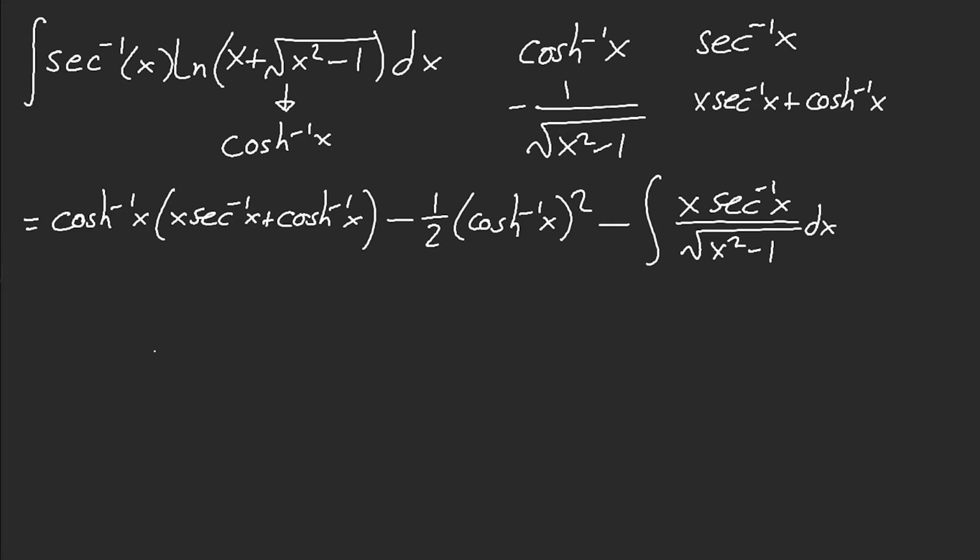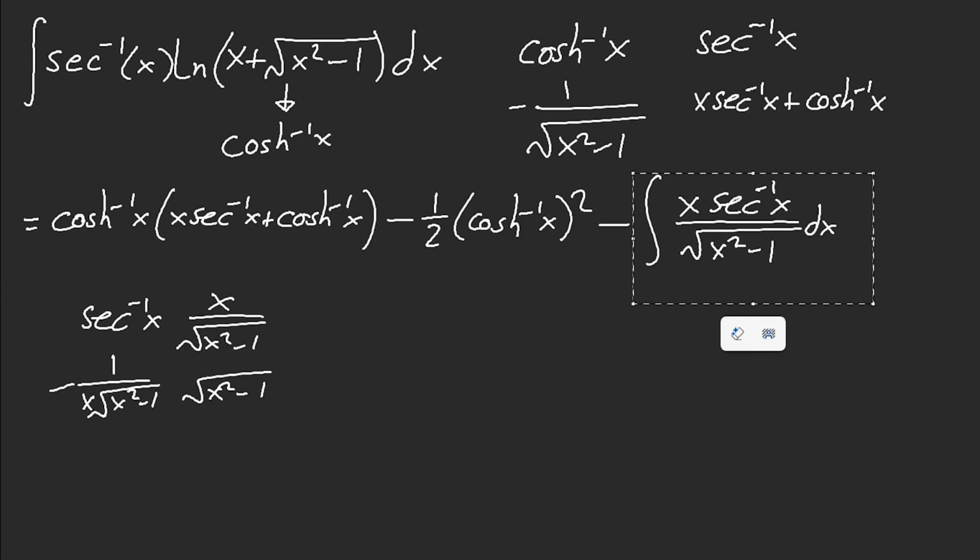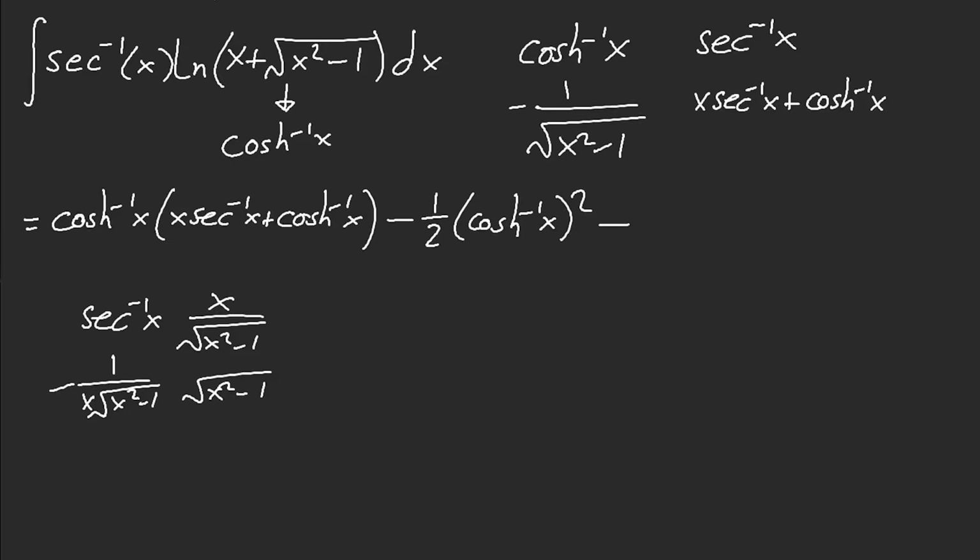Okay, so here, this is this. This is this. Oh, so much nicer. Oh, thank God. Okay, so this is now inverse secant of x squared minus 1, and then plus, well, these two are going to cancel out, so we get ln of x.